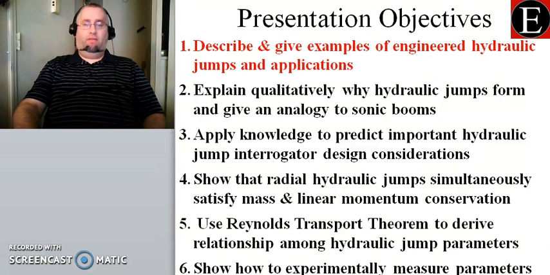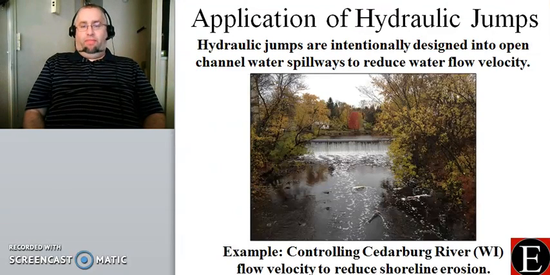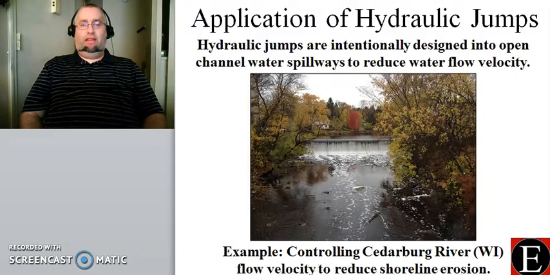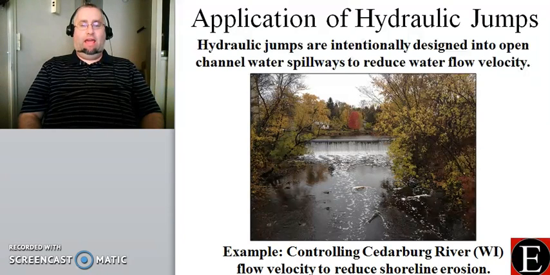The first one, of course, is to describe and give examples of engineered hydraulic jumps and their applications. So let's start in Wisconsin. I lived north of Milwaukee, Wisconsin for several years, and slightly north of my town there was a town called Cedarburg, and Cedarburg was quite interesting because it had essentially a wild river running through it.